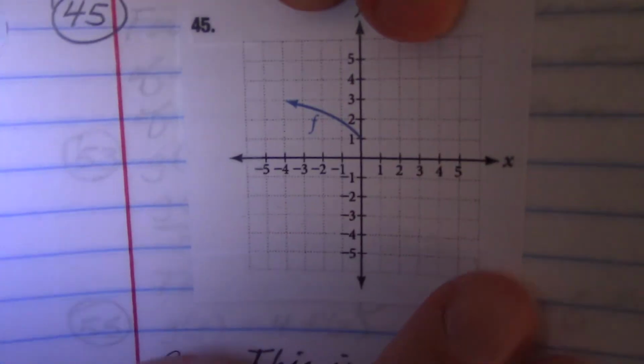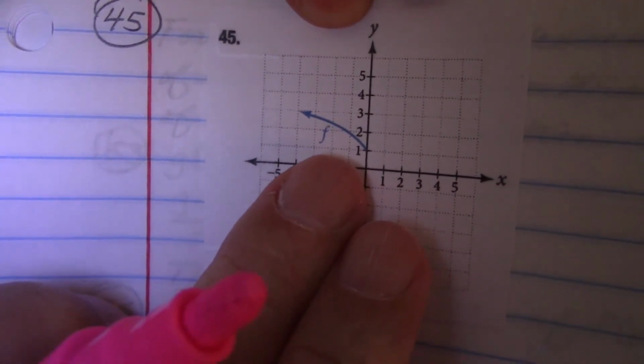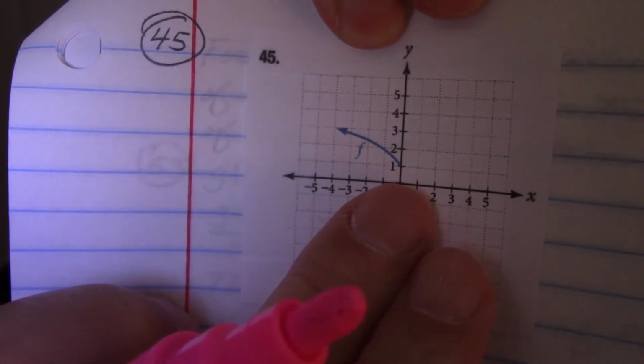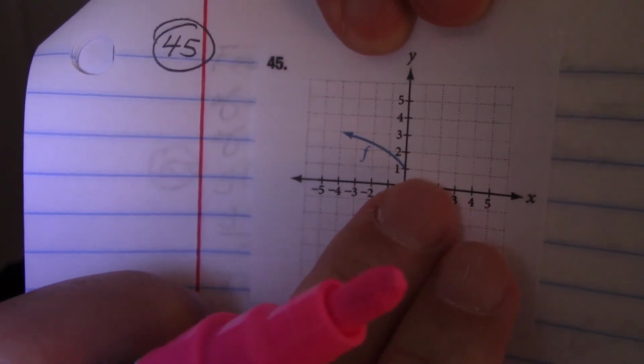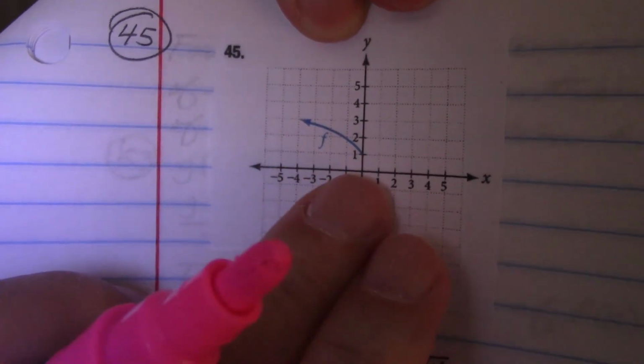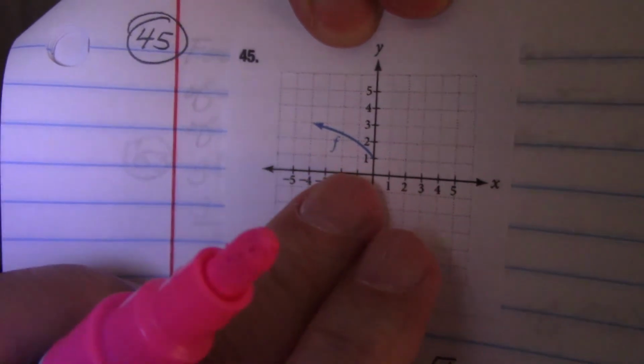Number 45. Take a look at the graph right there. So it looks like the square root function, which usually goes that way, right? But it looks like we have a reflection going on across the y-axis and then a shift up 1 unit.